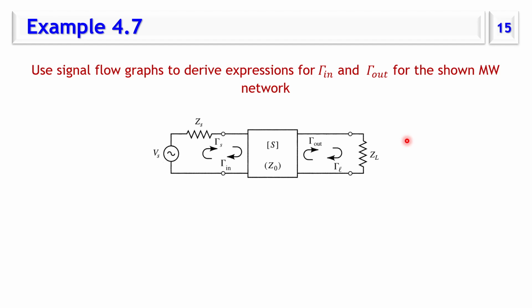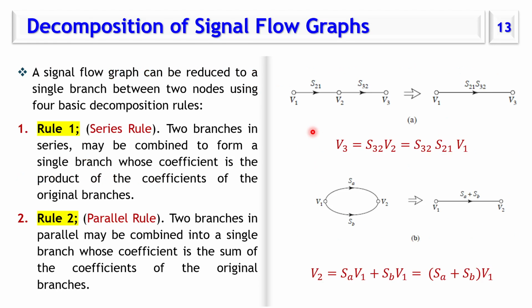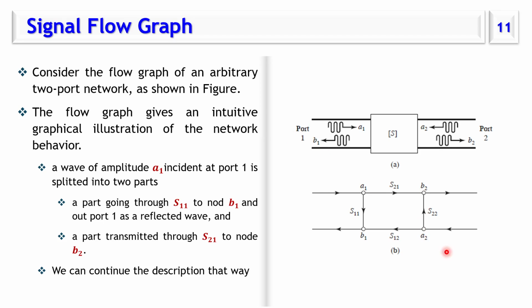So let us first draw the signal flow graph. We know the signal flow graph for this part. We did it before, so the signal flow graph is like this.